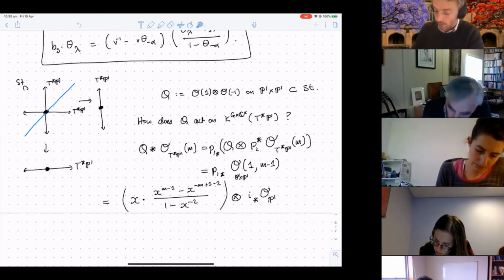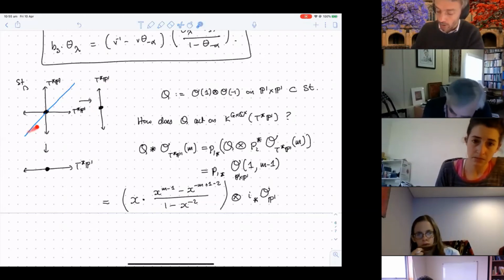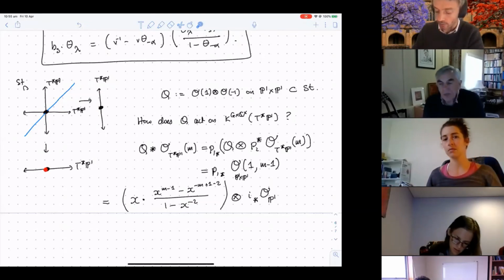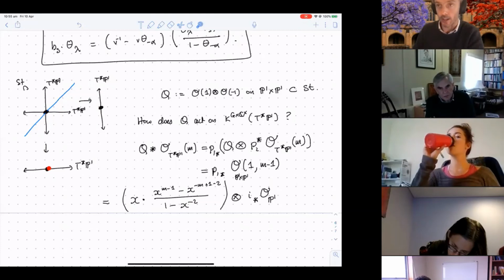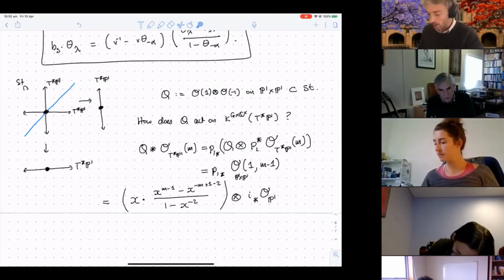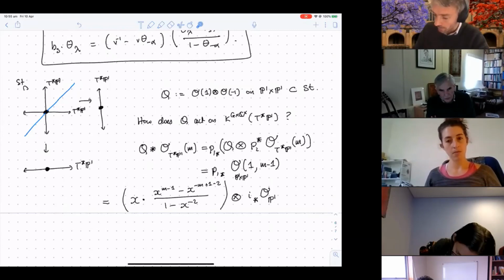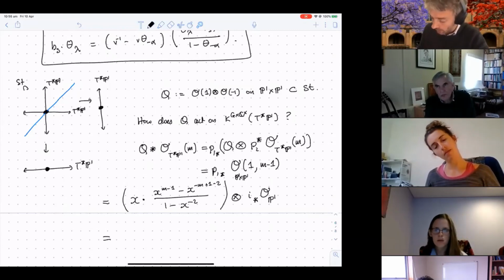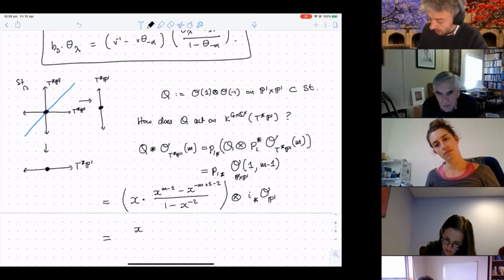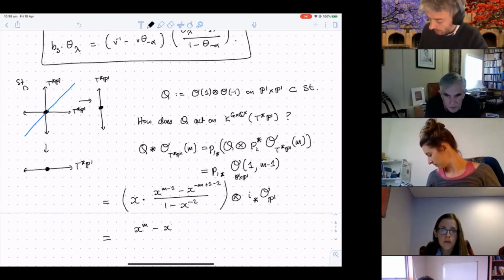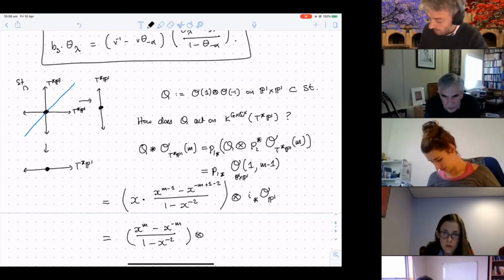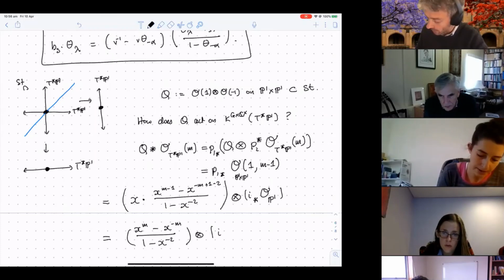So when we pull back our line bundle and it's supported all along here, then we tensor with something only supported on P1 times P1. So we've got something supported here. We push it forward and we get something related to Weyl's character formula times the structure sheaf here. And this gives us something like x to the m minus x to the minus m all on 1 minus x to the minus 2 times the class of O P1.